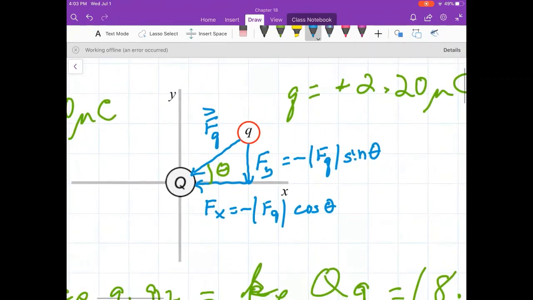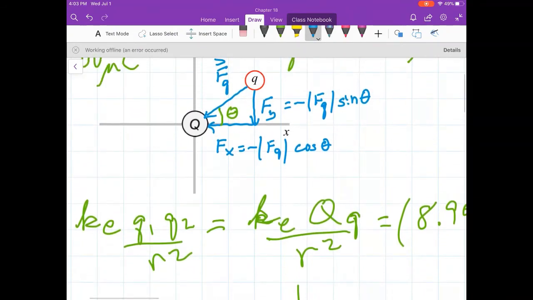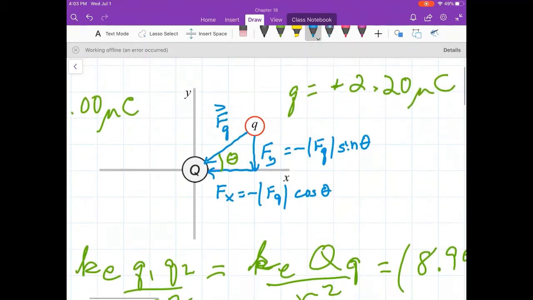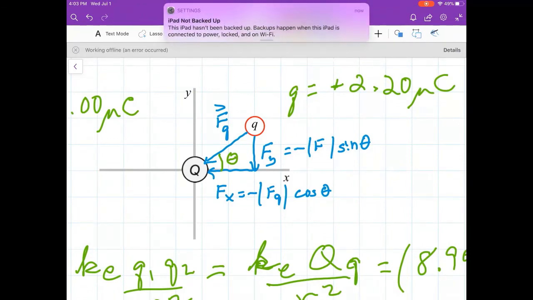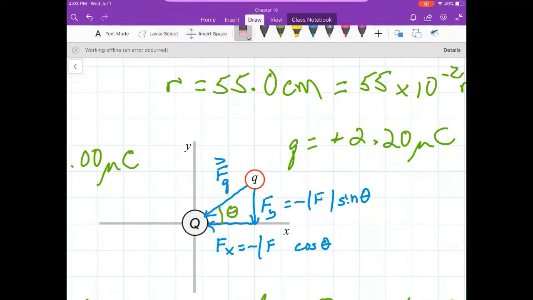Now let's go ahead and solve the problem. What I've drawn here is F sub Q with the bars. At this point, I don't have to call it F sub Q because that hypotenuse will be the same for either vector. Fe, Fe.